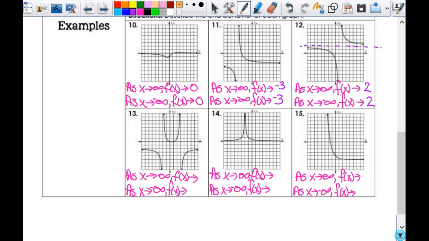Let's see. Christian Wong, you want to help me with 13? Okay, that's negative. Y'all agree with that? So there's been some confusion on this one too, because somebody asked me, well, isn't this end behavior too?